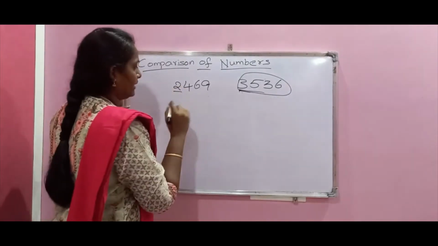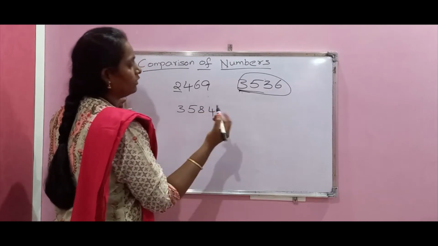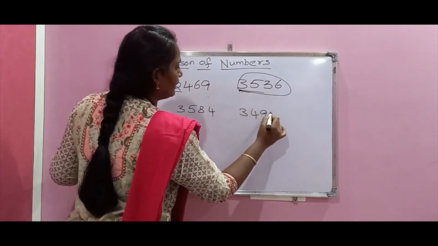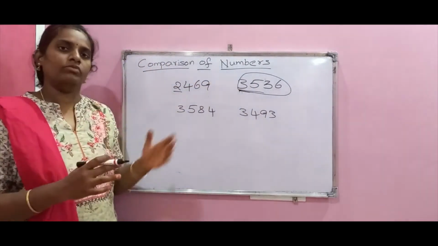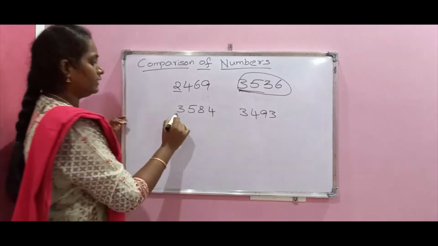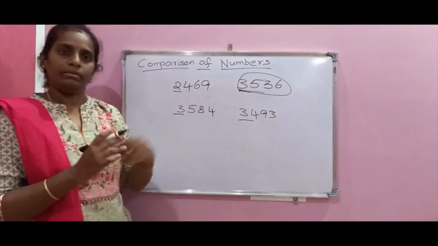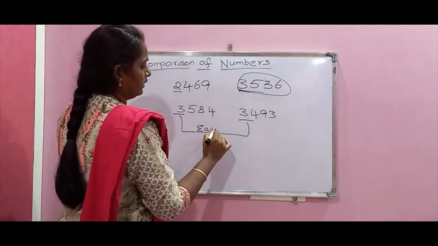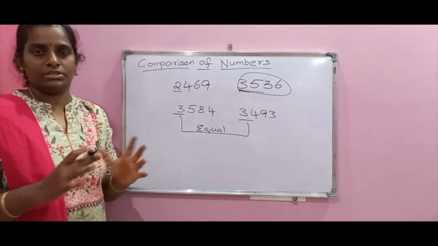Now, another example. 3,584 and 3,493. Now, we'll check which is the biggest number. Here 3 is there. In this number 3 is there. These two are equal, so we cannot say which is the biggest or which is the smallest.